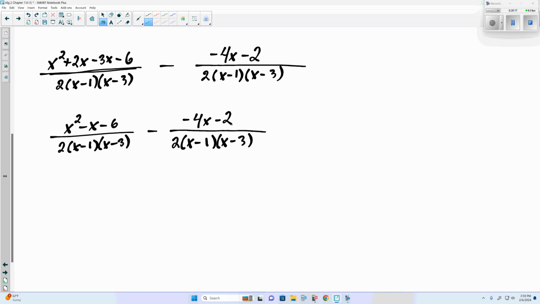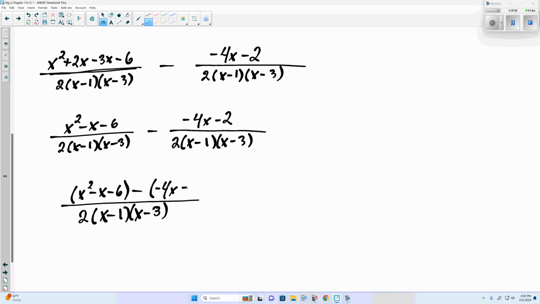Yes? Now, since the denominators are the same, we can subtract our numerators, yes? Now, since we are doing subtraction, I would highly encourage y'all to actually use parentheses for this here. Subtraction, it is very important to use parentheses. Addition, it's neither here nor there.